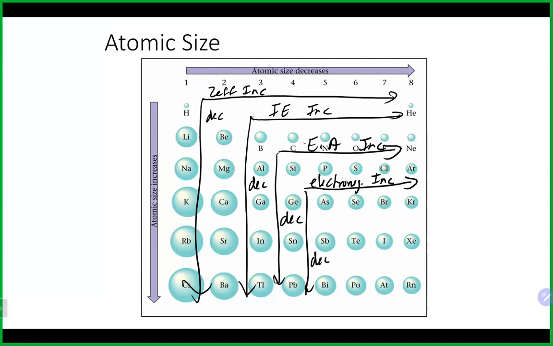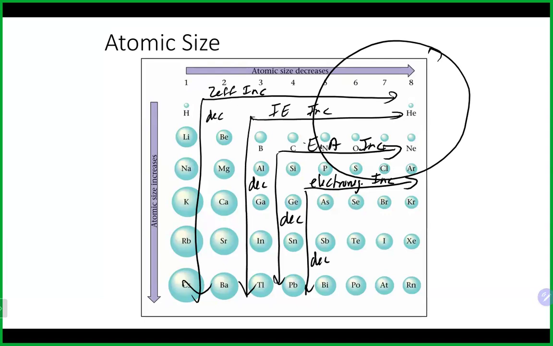If you take all of these trends together, what happens when we come up to the upper right of the periodic table is that we have all these trends of: I am smaller, and I'm going to hold on to my electrons a lot tighter because I have high ionization energy.